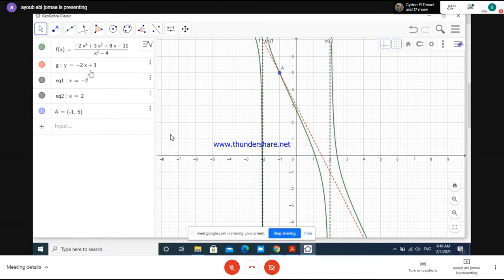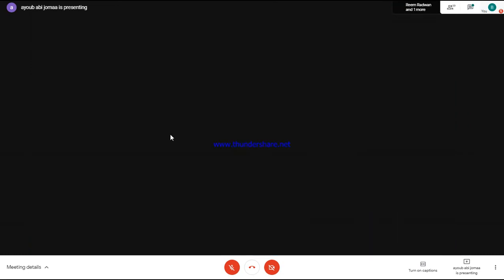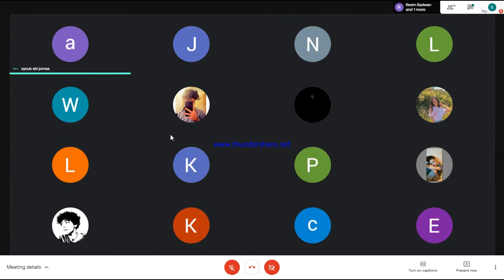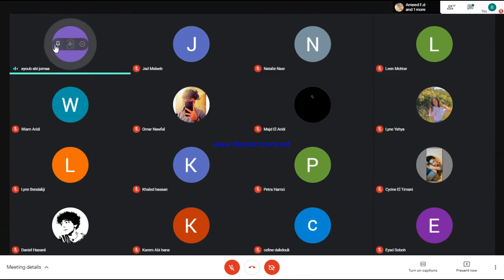Negative 2x plus 3. The oblique asymptote, the given one. Okay? Is that clear? Back to this table.